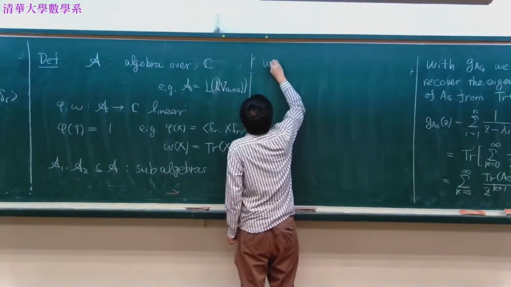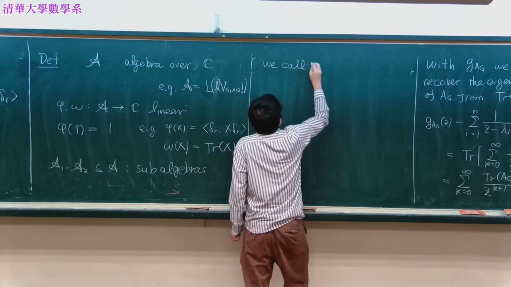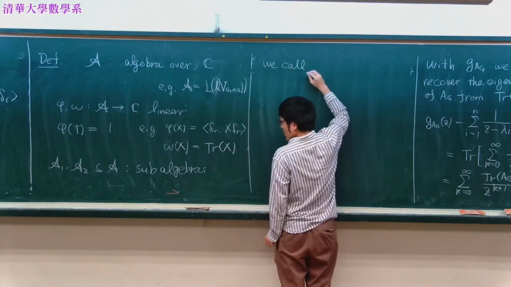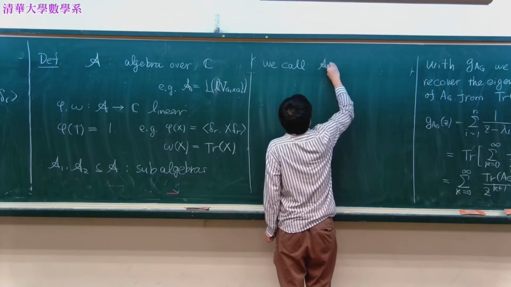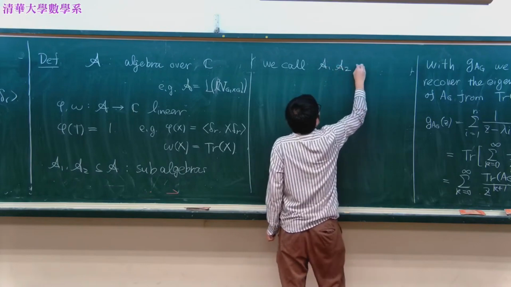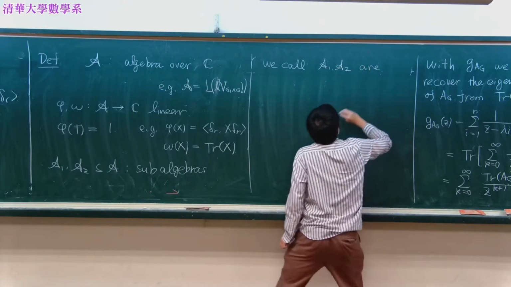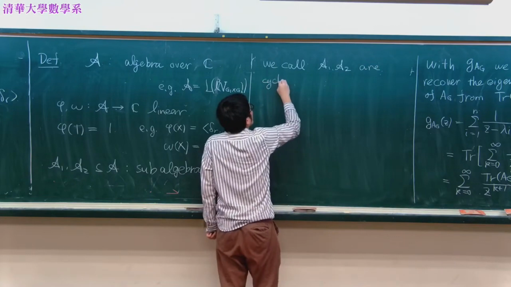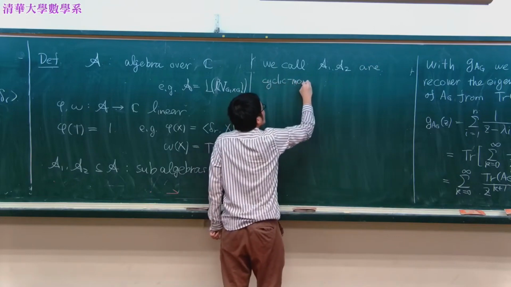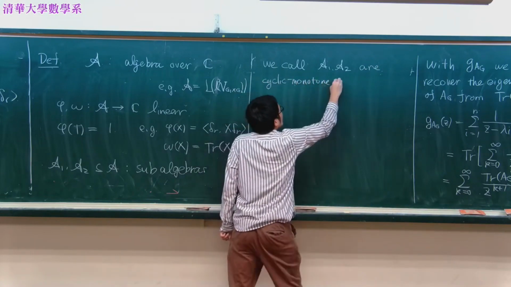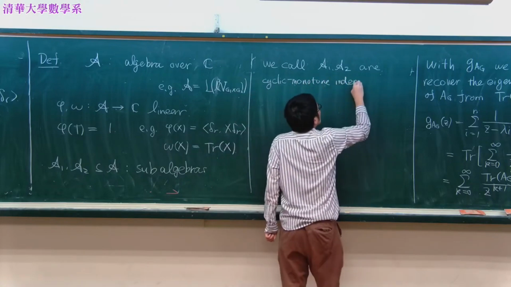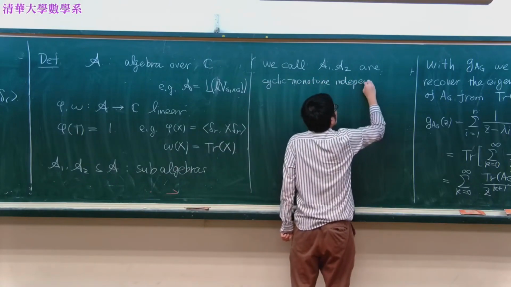So we call A1 and A2 cyclic monotone independent.